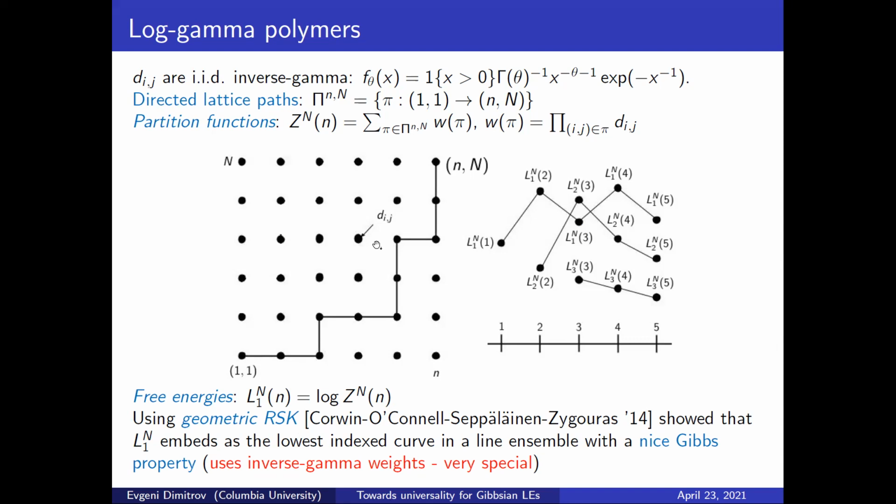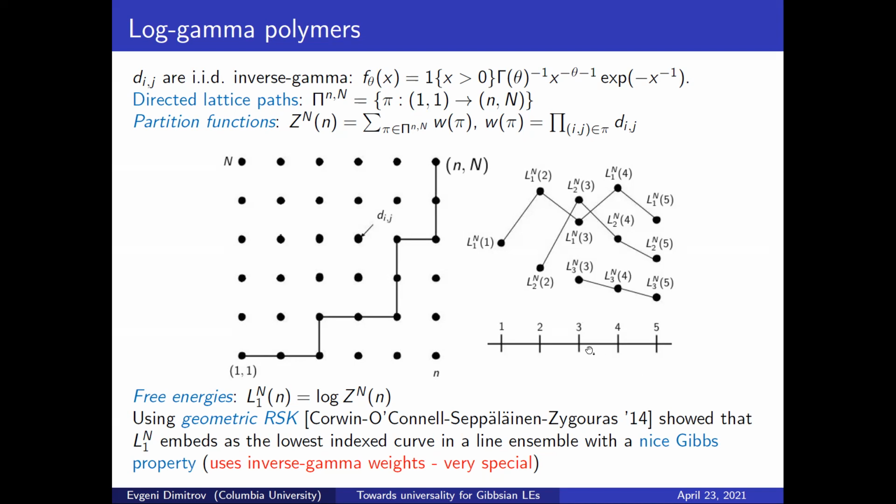Now, if you start with a different distribution that's not the inverse gammas and you apply this RSK, you will again obtain some sort of a line ensemble if you apply the same type of procedure, but it will no longer have a nice Gibbs property. So the fact that this thing locally has a nice structure is a consequence of having inverse gamma weights. That is a very special property.